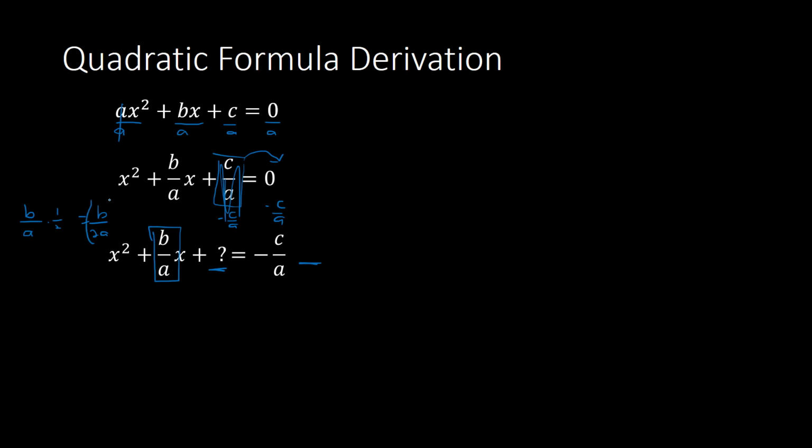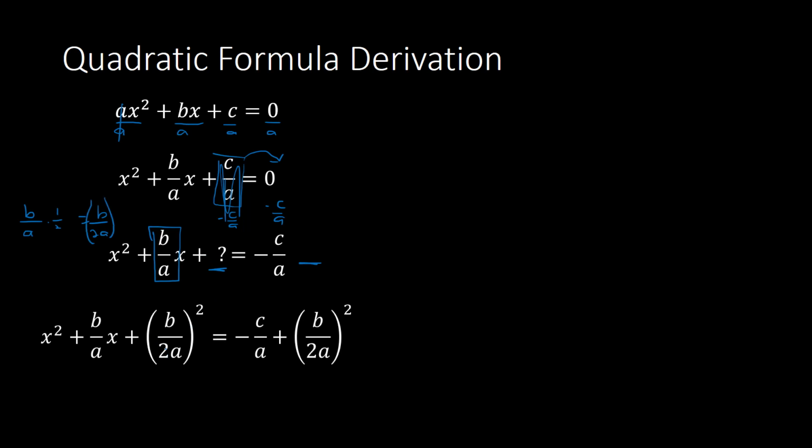And then I have to square that to get b squared over 4a squared. So that's what I have. I'm going to have b squared over 4a squared. You don't have to actually multiply it out and square it because we're going to factor back down anyway, but you can if you want.